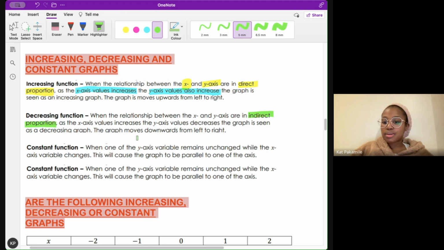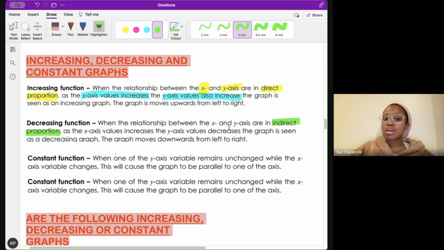That other will decrease. Okay, so that is indirect proportion. An example is the graph that we just had now about the number of cars in a sales lot. The more cars you sell, the less cars you have in your shop. Okay, so sales are going up, but the number of cars is going down.